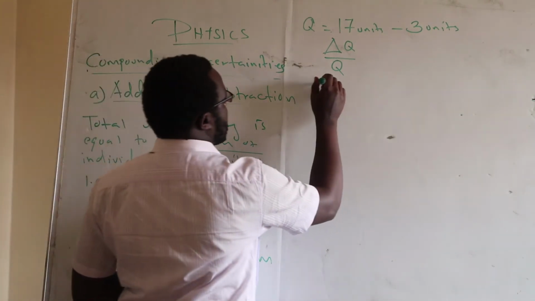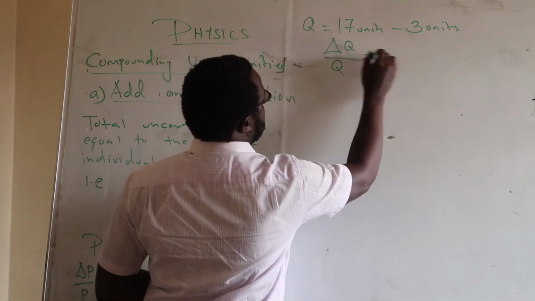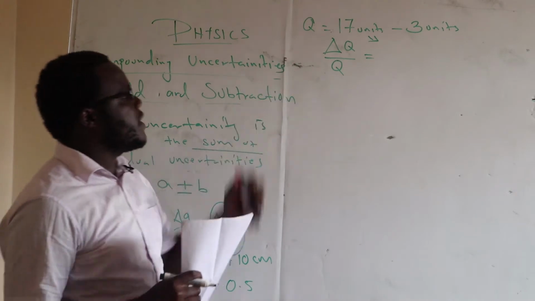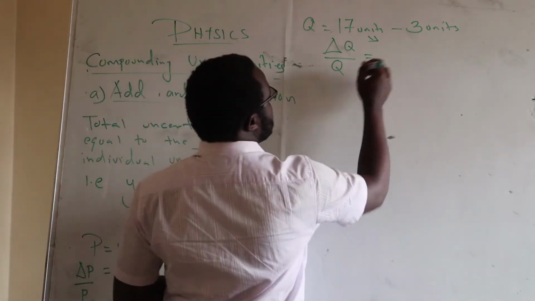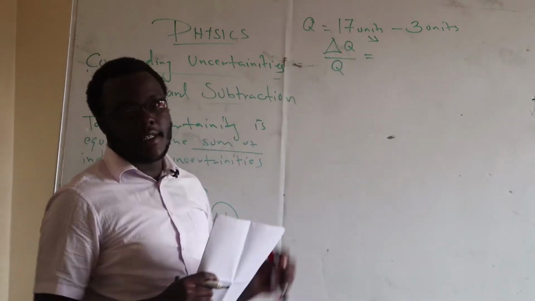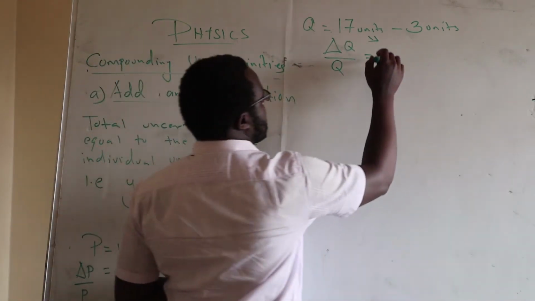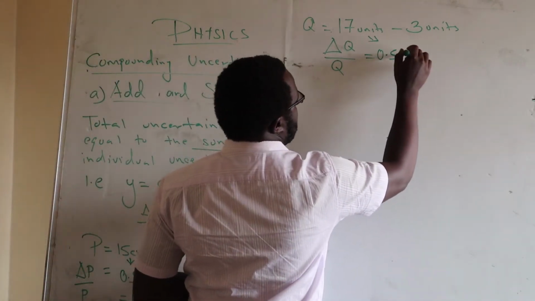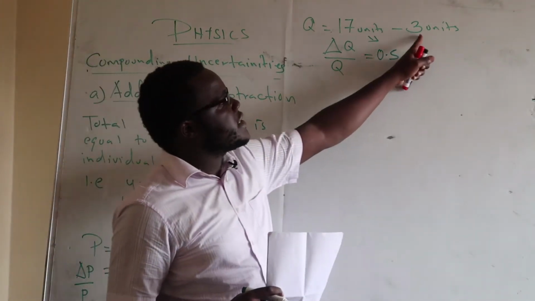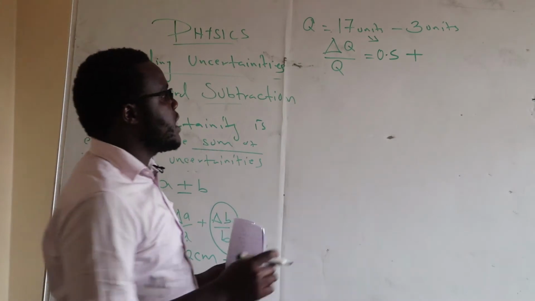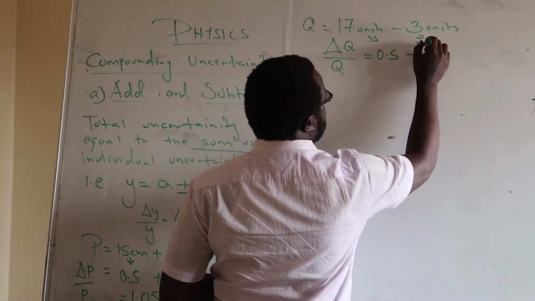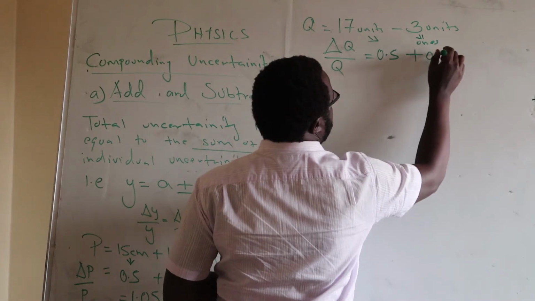So we have the total uncertainty is equal to the absolute uncertainty of the first value, which happens to be a half of the smallest place value. Therefore, we get this as 0.5 added to the absolute uncertainty of 3, which is also a ones. A half of ones gives us 0.5.